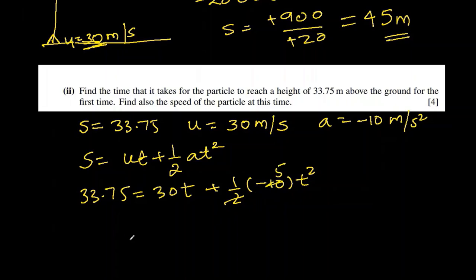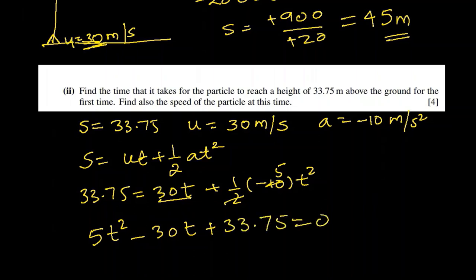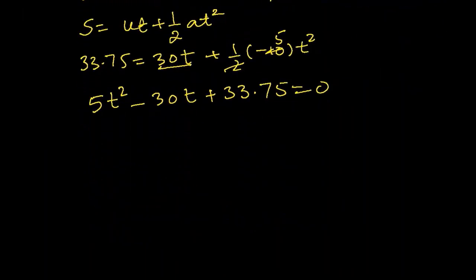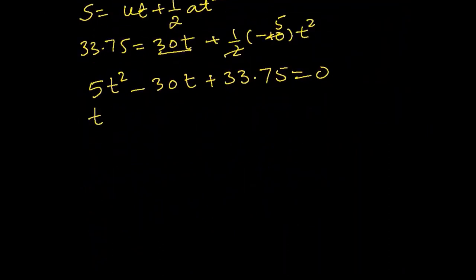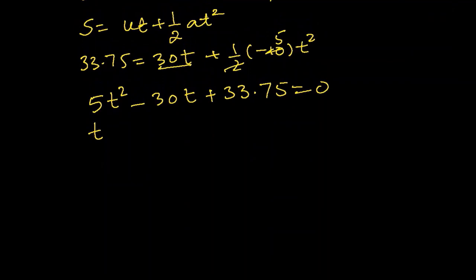When it comes to the left side, it becomes positive 5t square. The 30t becomes minus 30t, and 33.75 stays positive. Now we have all three terms, and we'll get two values of t. They're saying for the first time it reaches 33.75, so out of those two times, whichever is smaller, we'll accept as our answer.